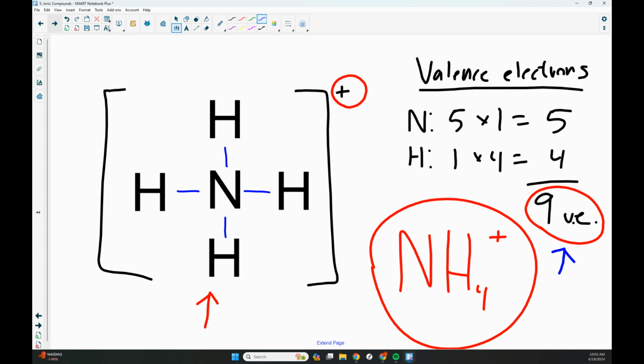It really doesn't fit in there anywhere after we've completed the valence shells for all these atoms. And indeed, that is why this particular compound gets rid of the 9th electron. And of course, when it loses the negatively charged electron, it's going to leave it with a positive charge. So in short, NH4 is more stable when it has a positive charge.